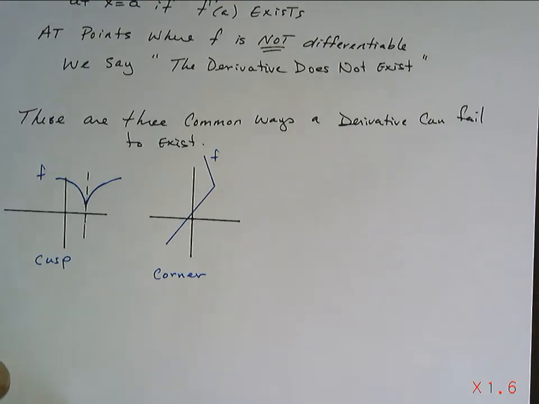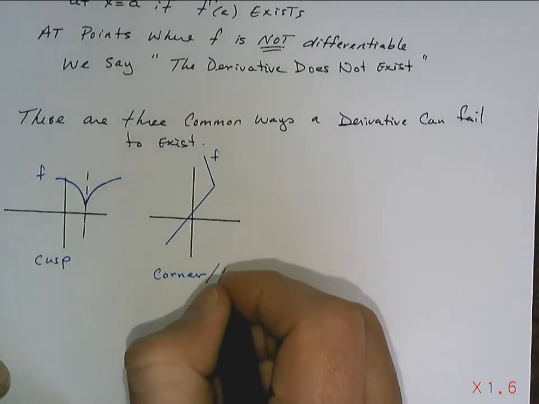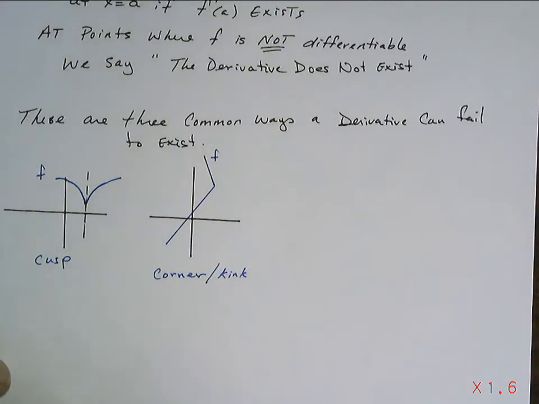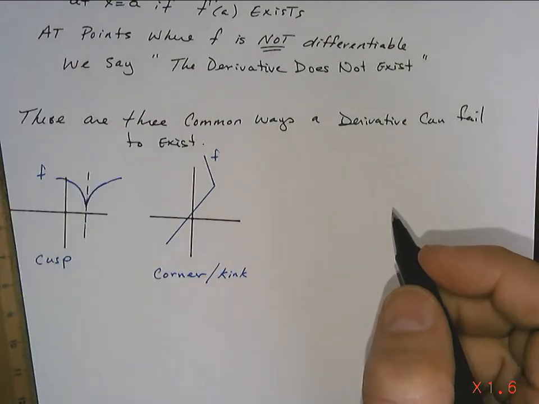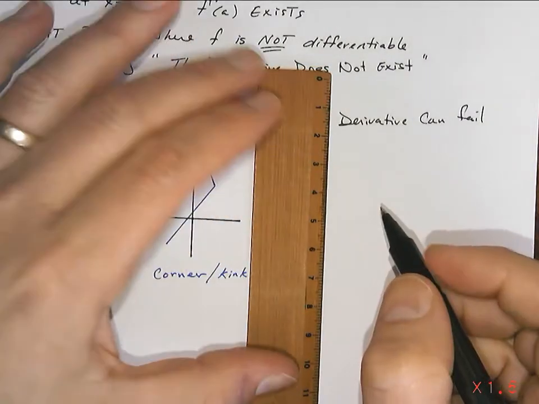Did I spell corner wrong? C-O-R-N? No, it's a corner, and I've actually seen it called a kink. Little kink in the graph. Call it what you want. Corner or a kink. And that would be at a given point a.